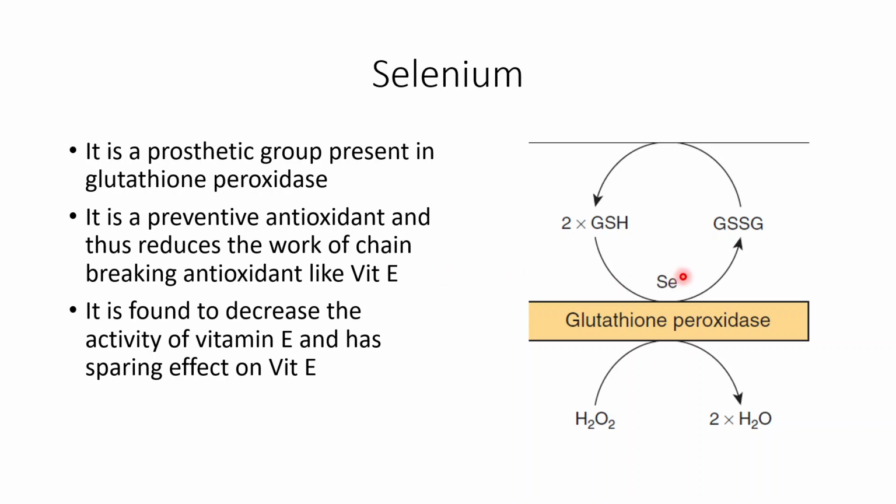In other words, selenium has a sparing effect on vitamin E. Because this is a preventive function, fewer free radicals are generated, so the work of vitamin E, which is chain breaking, automatically reduces. This is why selenium is known to have a sparing effect on vitamin E.